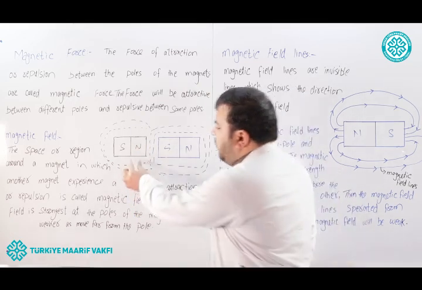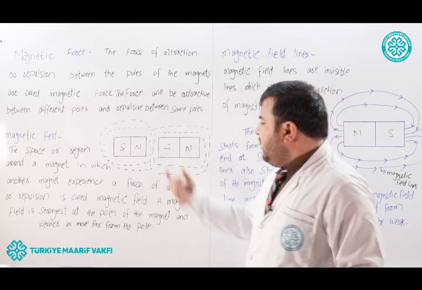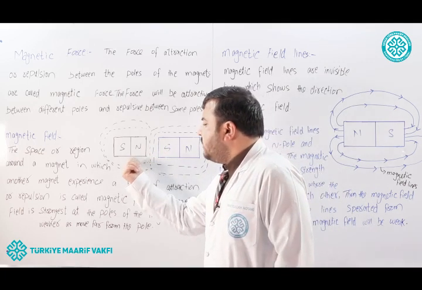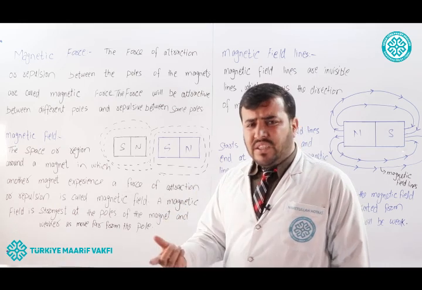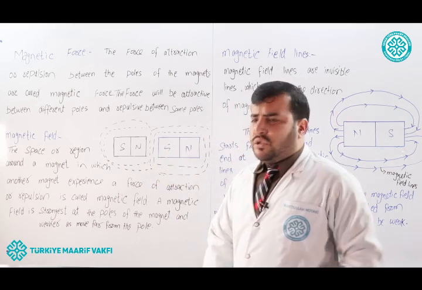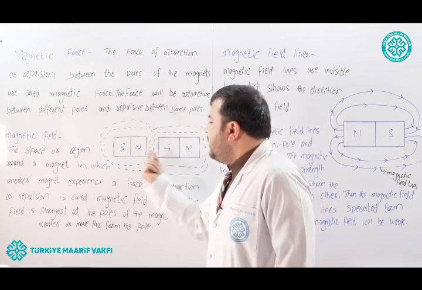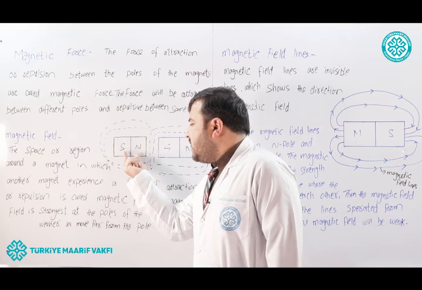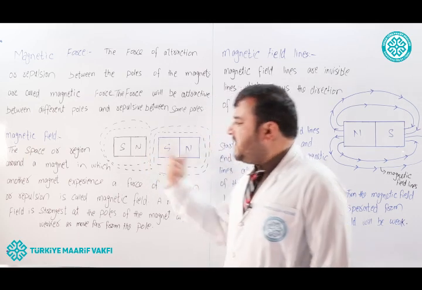So when we bring this magnet near to this magnet, before touching, this magnet will experience a force of attraction or repulsion, but without contact with the other magnet. So here in this space or region around the magnet, where the test magnet or the second magnet experiences force of attraction or force of repulsion, this space is called magnetic field.